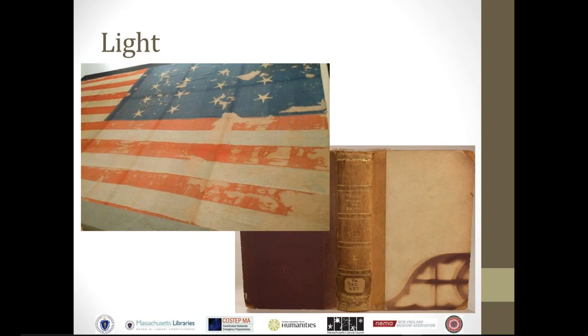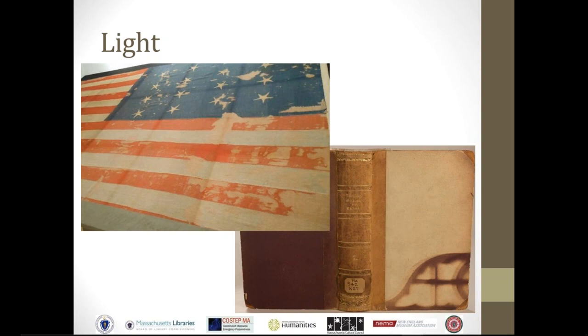So again, just remember, this is irreversible. So if you have had a photograph out on display for years and you think, oh, I should take it down, even taking it down and putting it in the dark is not going to restore any of that image. It will just continue to fade when taken out again.